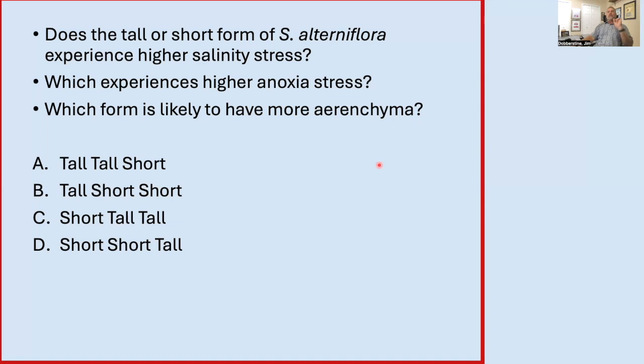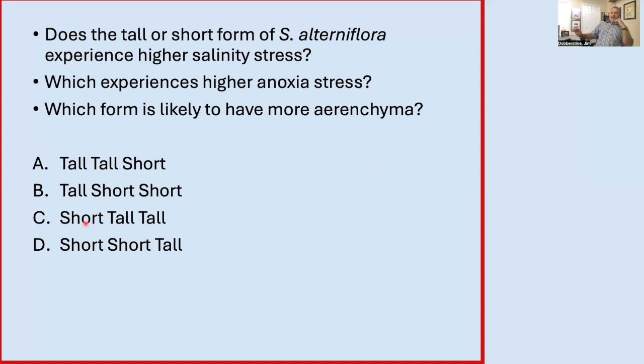And it's going to be plants that are in flooded areas, the lower marsh, and those plants are going to suffer higher anoxia stress, because remember, those areas, because they're underwater more, have less oxygen in the sediments, they tend to be more anoxic. And they also, as a result, develop more parenchyma to cope with that. So the answer to this would be C, short, tall, tall.